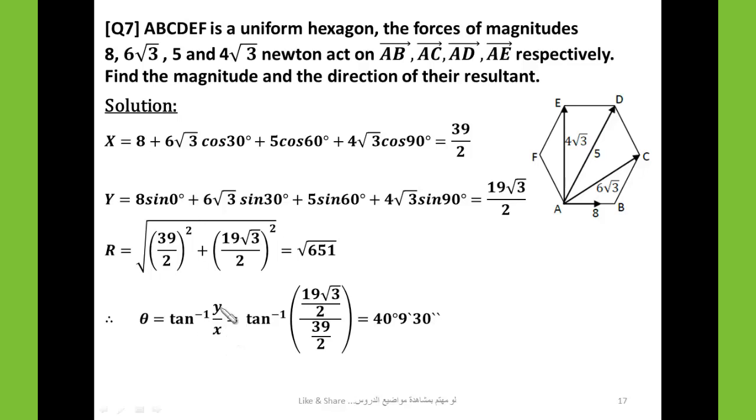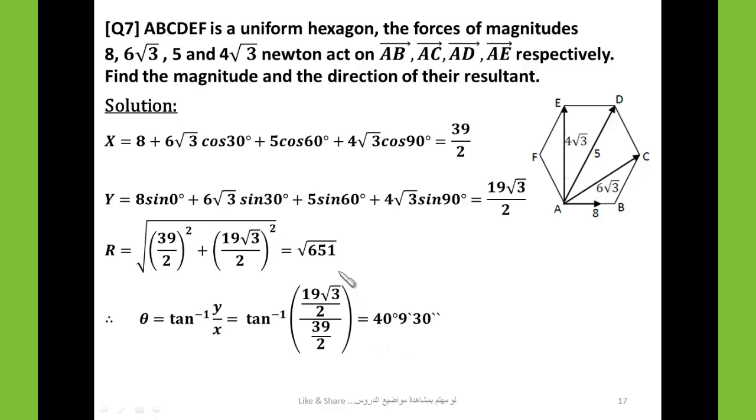What is the value of component y? It is 19 root 3 over 2. What is the value of the component x? It is 39 over 2. So calculating it using your calculator, you will get 40 degrees, 9 minutes, 30 seconds approximately.